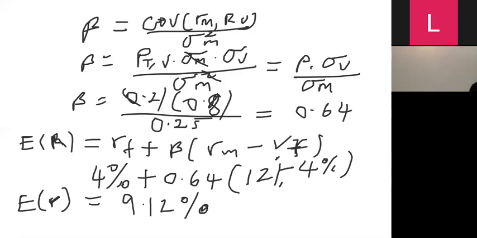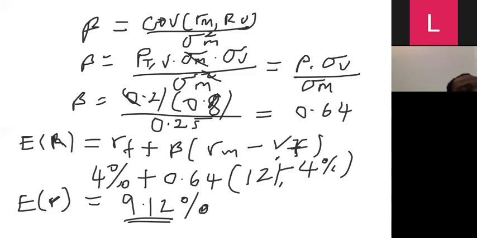So the question is to calculate the required rate of return via CAPM and use it to decide whether you should add a venture capital fund to your portfolio. If you invest only in Tanglewood, you are going to have an expected return of 12%.